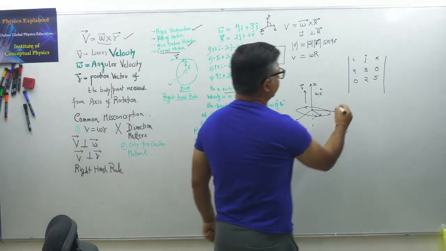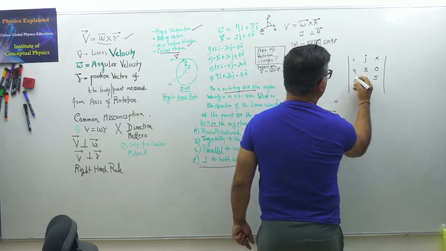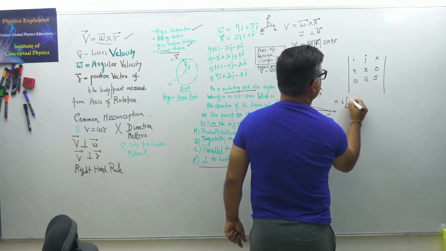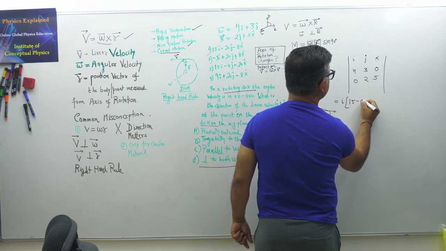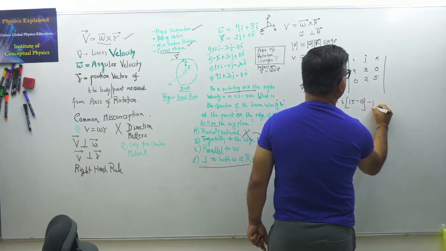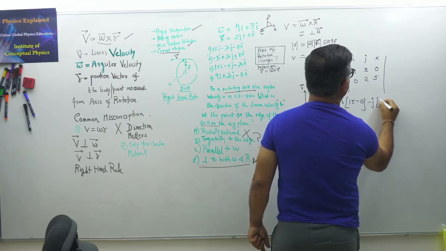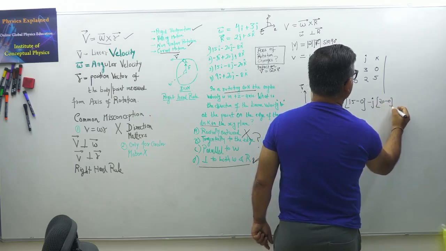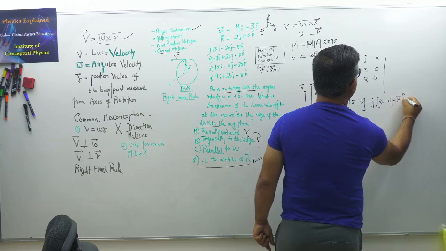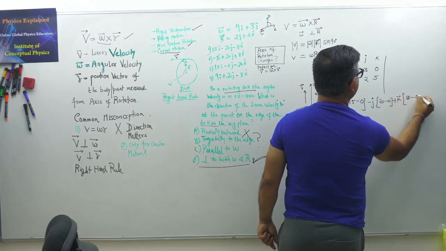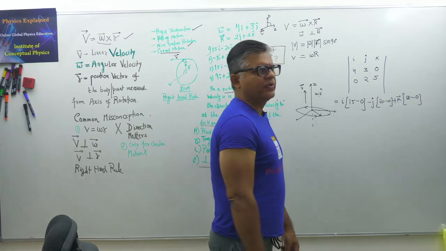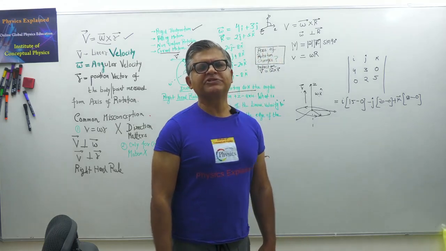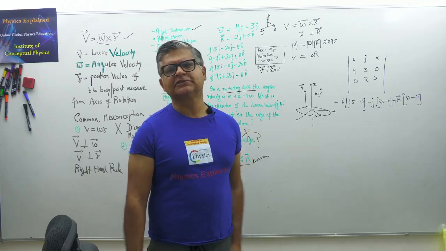All right. So let's start solving it. So I: 15 minus 0, minus j: 20 minus 0, plus k: 8 minus 0. I'm not spending too much time explaining how I got this.